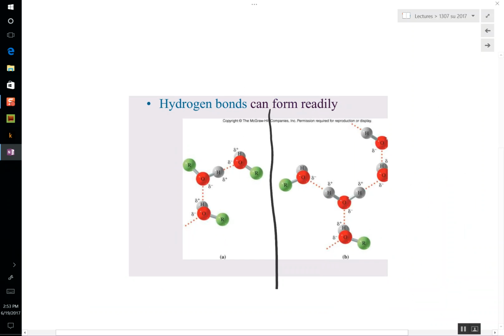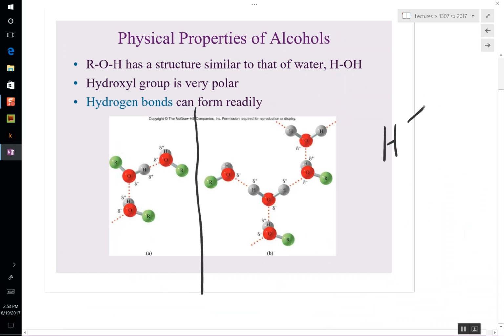If you remember in 1305, you learned that the H2O molecule is a polar molecule. This end of the bond is negative. The oxygen has got a partial negative charge because the electrons are spending more time around there, and the hydrogen nucleus is hanging out here without any electron around it a lot of the time, and so it looks positive.